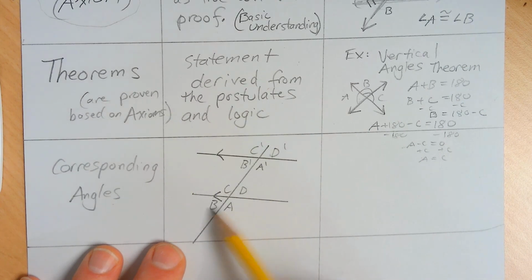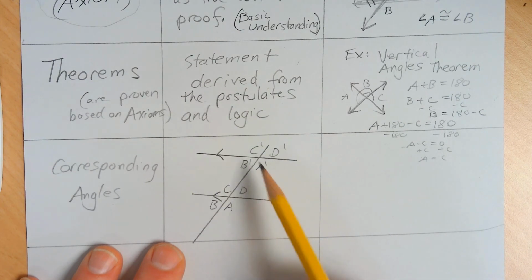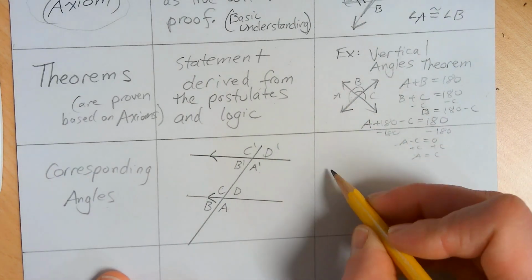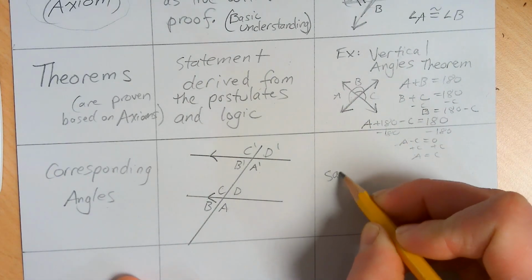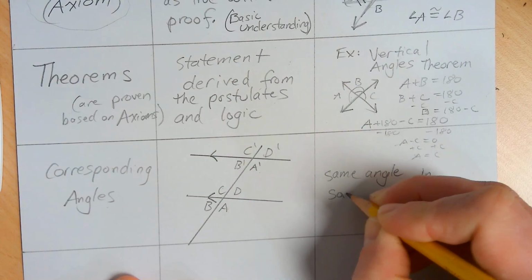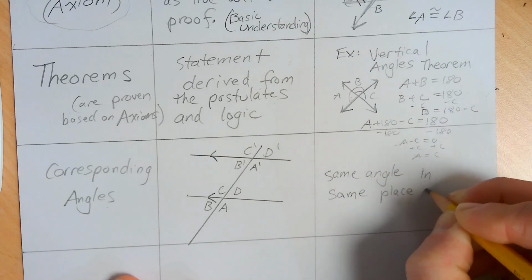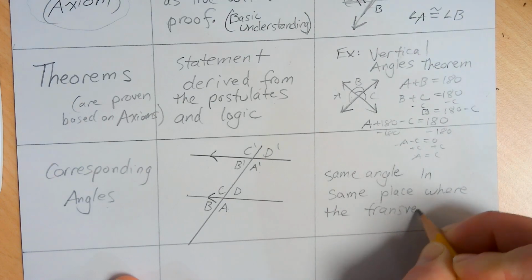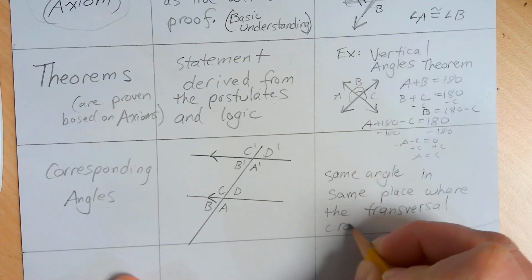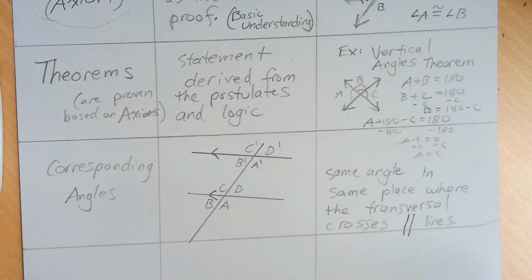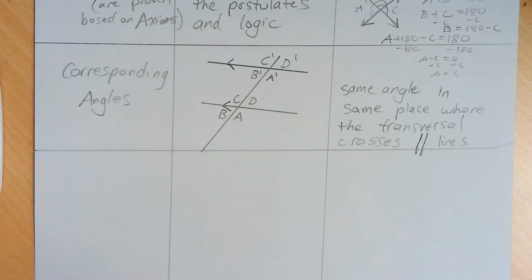And notice B and D are vertical, and B prime, D prime are vertical. So those four are all congruent, and C and A and C prime, A prime are all congruent. Same angle in same place where the transversal crosses parallel lines.